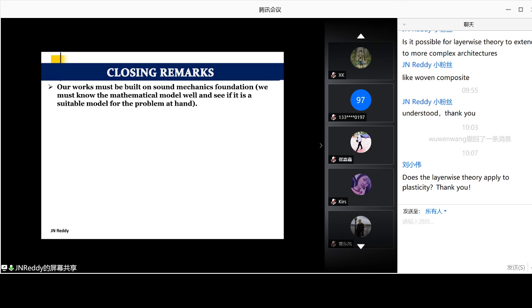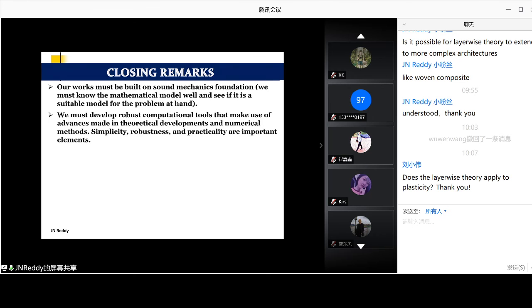That is where mechanics comes in to help you understand the physics. It is important to know whether the mathematical model is good enough for predicting what you're looking for in your analysis.